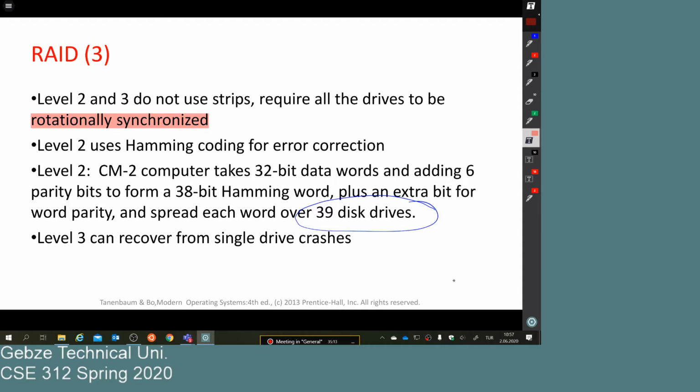If there is an error, level 3 uses parity, and level 2 uses Hamming coding. Hamming coding is a coding scheme, and I think you know about this: if there is an error during communication, during the read-write, you can recover from that error using some calculations.